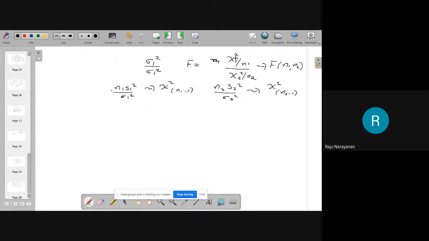Therefore, we take each chi-square divided by its degrees of freedom.